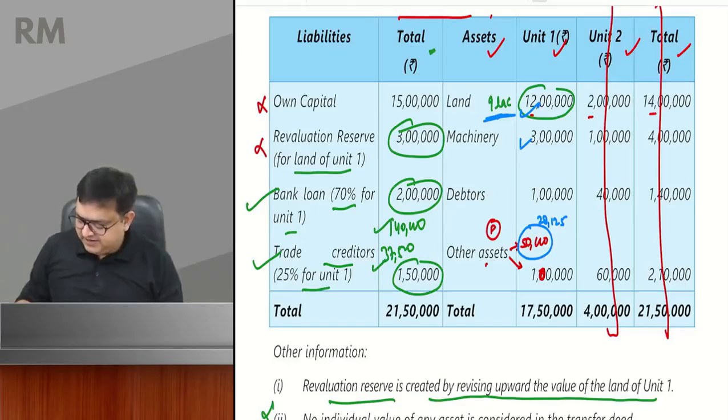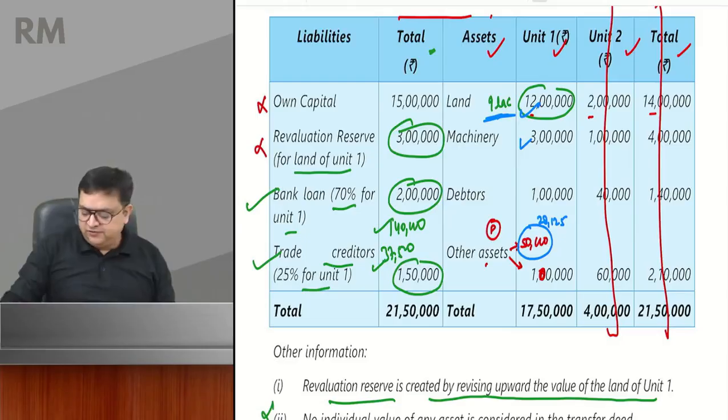Plus debtors 1 lakh. Plus other assets 28,125 plus 1 lakh. Are you getting the total of the assets? 14 lakh 28,125.